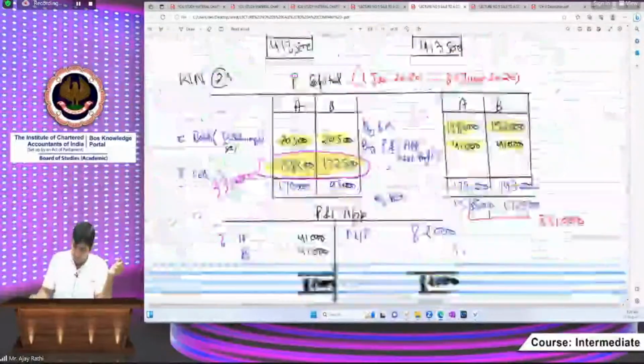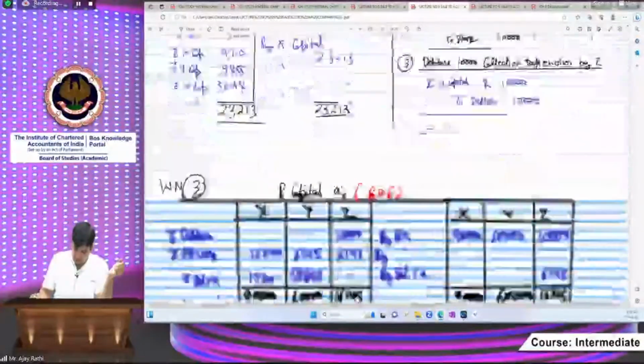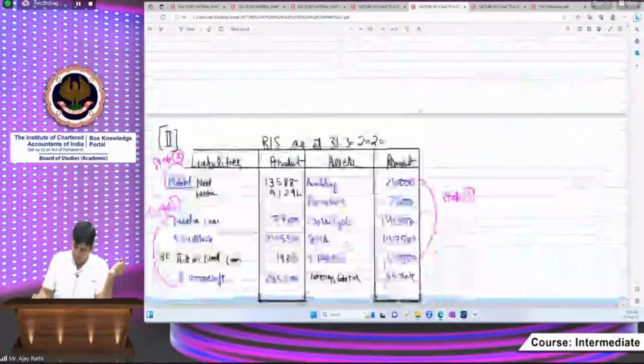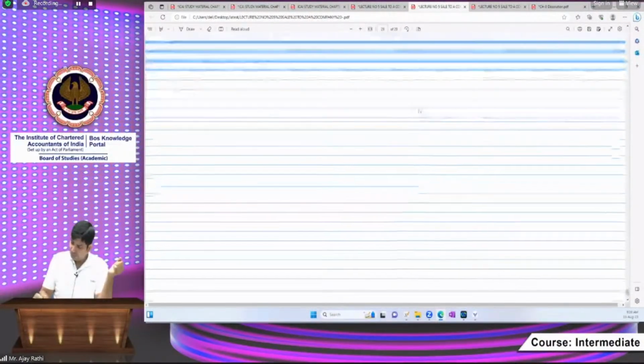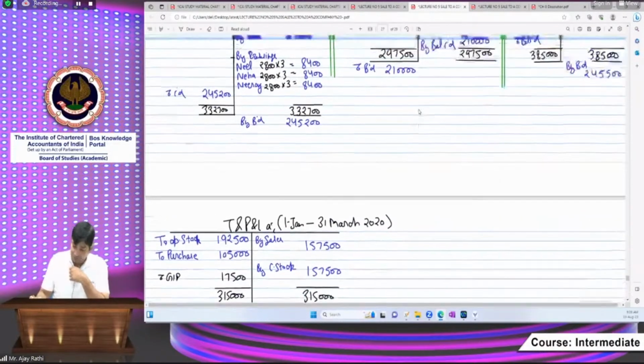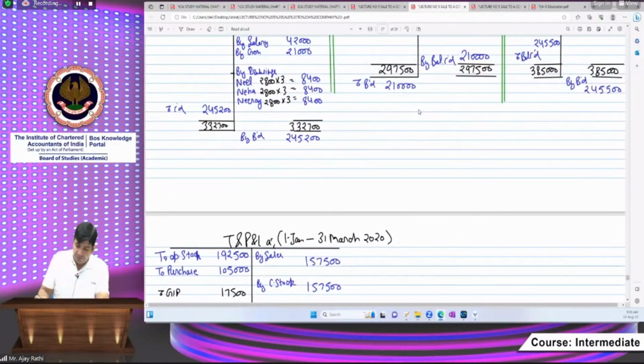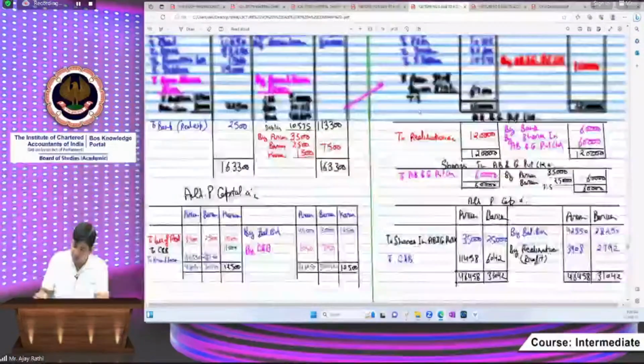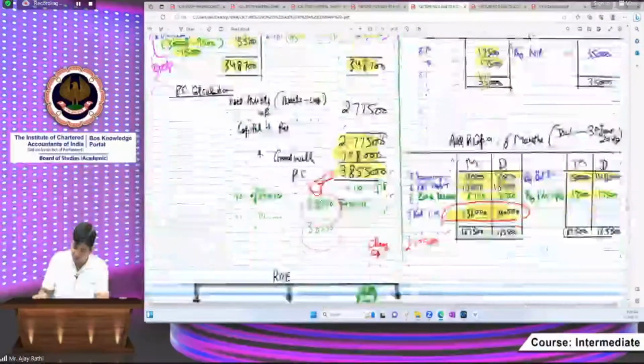Question number 4. It is on page number 21. This is page number 21.